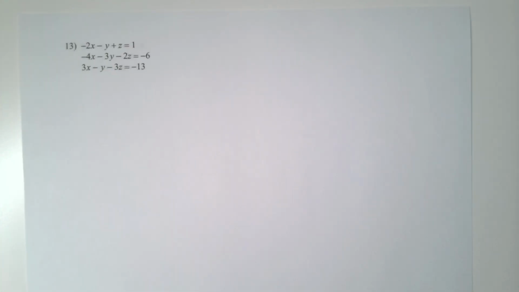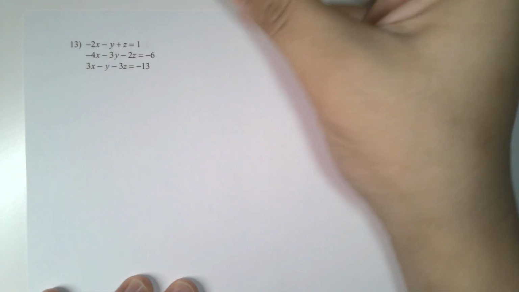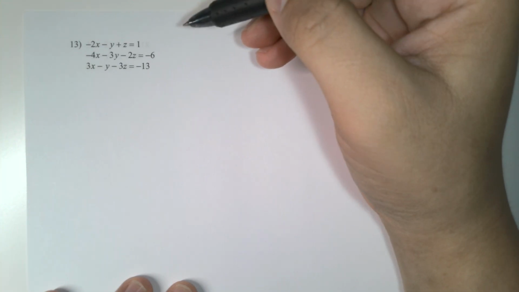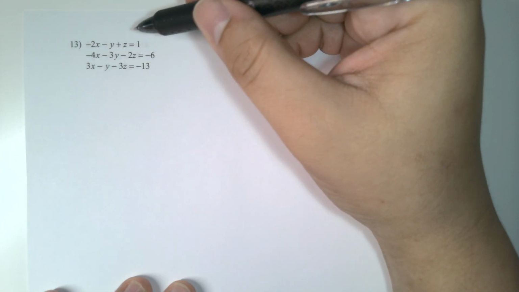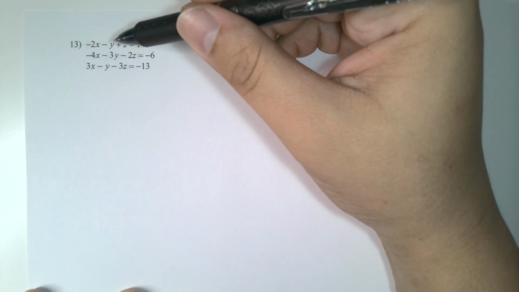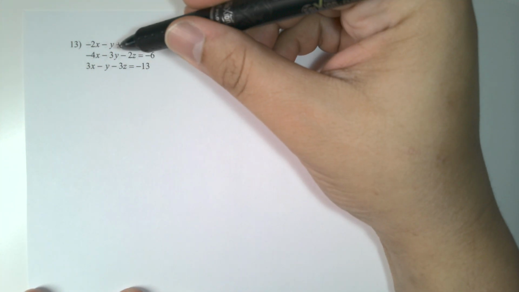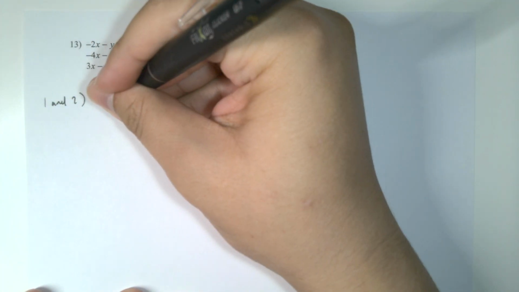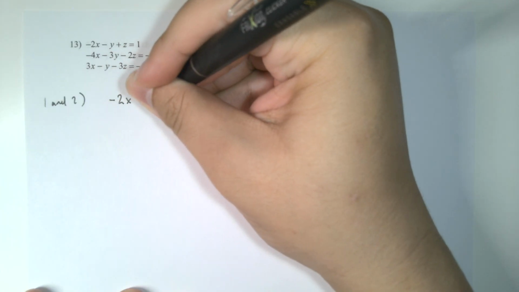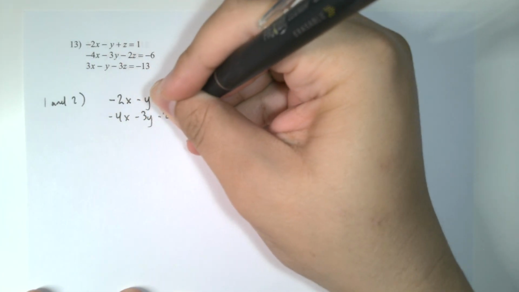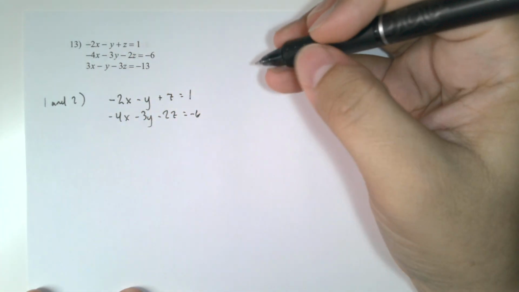But let's look at number 13. So for number 13, let's choose a variable to eliminate. Let's see, I guess y is probably the easiest. I can multiply the top by -3 and keep the middle one the same. So using equations 1 and 2, we have -2x minus y plus z is equal to 1, and then -4x minus 3y minus 2z is equal to -6.